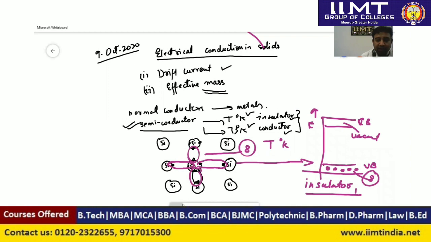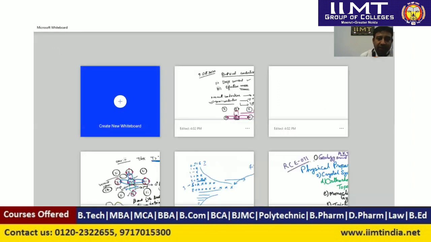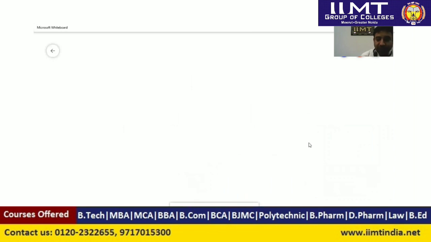Temperature equals 0 degree Kelvin: here it behaves as an insulator. Coming back to our current diagram, now we are going to draw the energy band diagram for our case 2, which is temperature greater than 0 degree Kelvin.